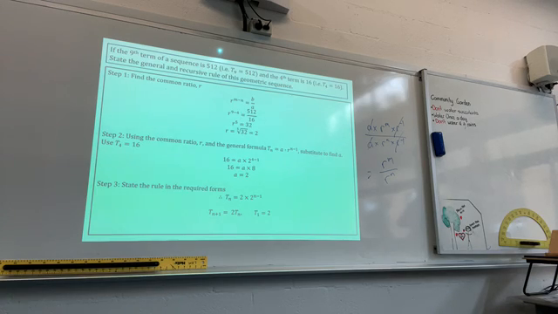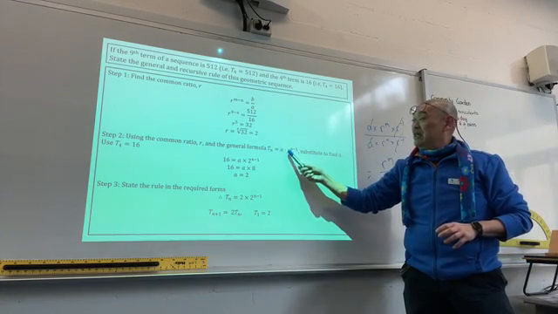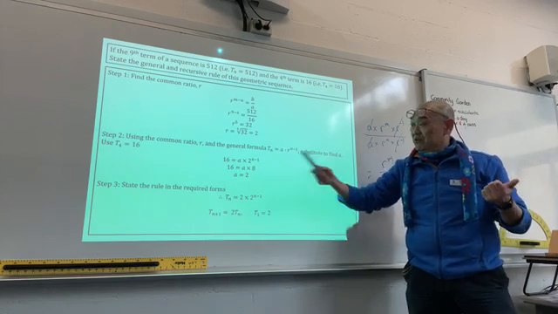And therefore, r to the power of 5 is 32. R is the fifth root of 32, which is 2. And then, using the common ratio, you could work out what A is. Tn equals A times r to the power of n minus 1. Yeah? So therefore, A equals 2.